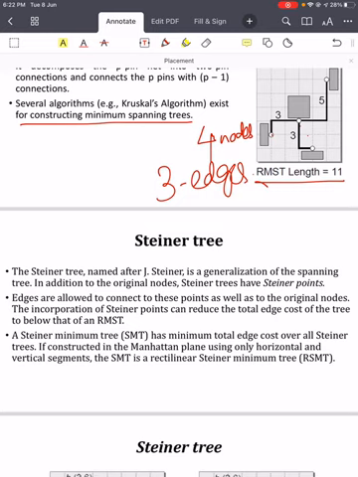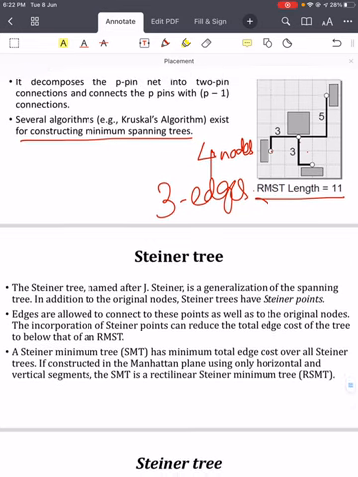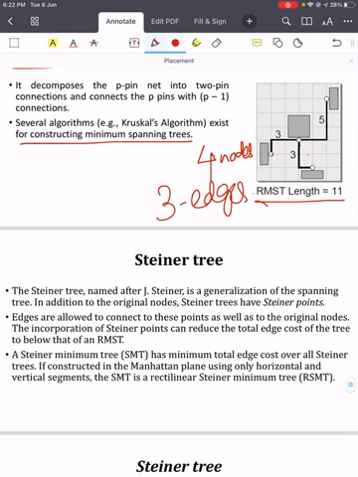Okay, so in the Steiner tree basically a wire can branch from any point along its length. Now here you can see in RMST what we have done. So in this RMST we have connected the pins, and the branching is happening in the pin locations only, right? In the node locations only, right? So here in the Steiner tree we can have some branch, even in the wire length, anywhere.